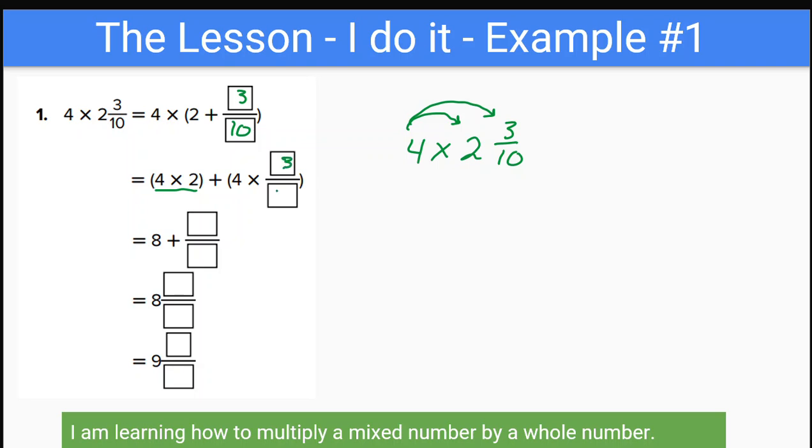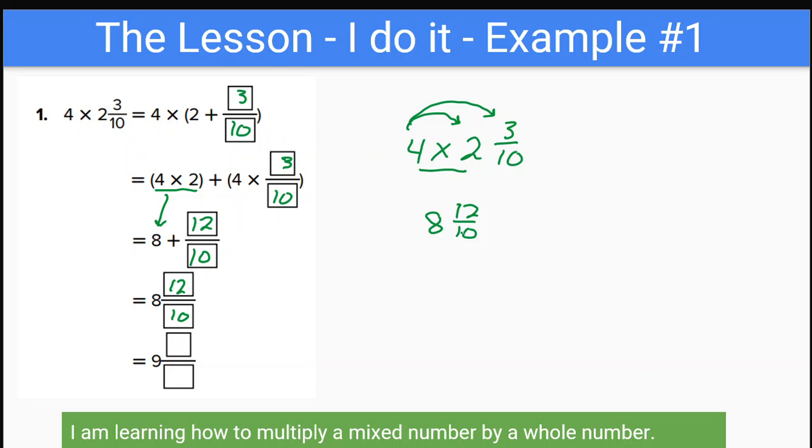Well, 4 times 2 is 8. 4 times 3/10, well, 4 times 3 is 12, and the denominator stays the same. That's 12/10. So we get 8 plus 12/10. That's the same thing as 8 and 12/10, and that's what we have right here.